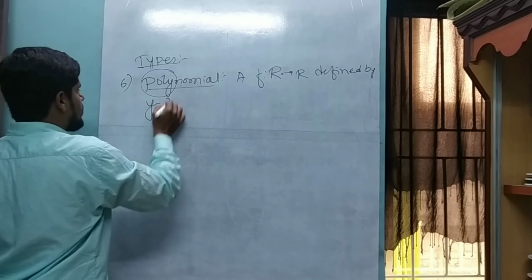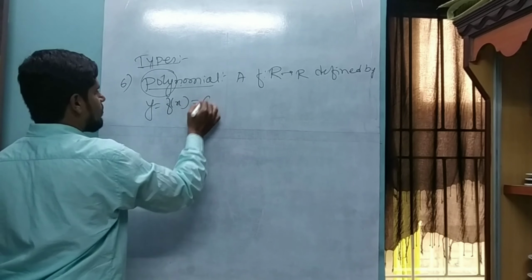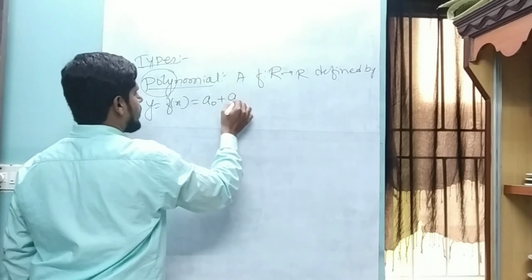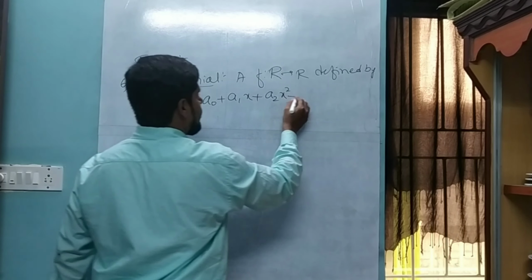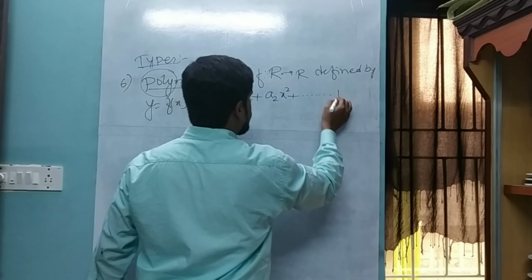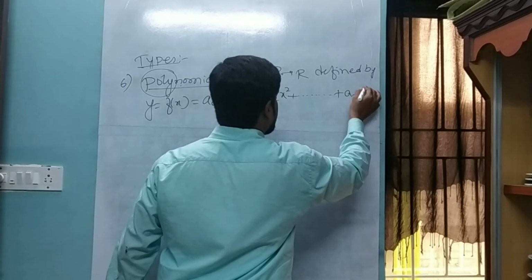y is equal to f of x, and that should be equal to a naught plus a1x plus a2x square plus dot dot dot plus an x power n.